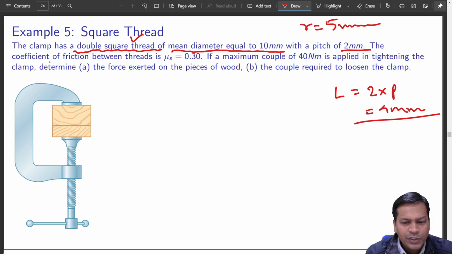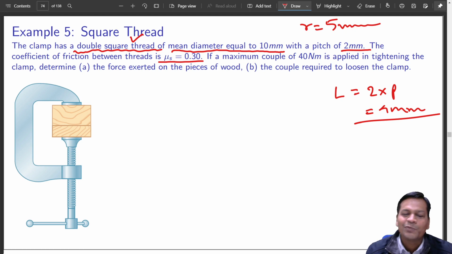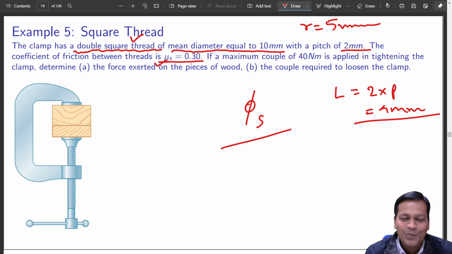The coefficient of friction mu s is given. When you need mu s, they will give you phi s, and when you need phi s, they will give you mu s. That is a trick. So this time you need the angle psi s. For most of your analysis, they have given you mu s, so you can easily calculate that.